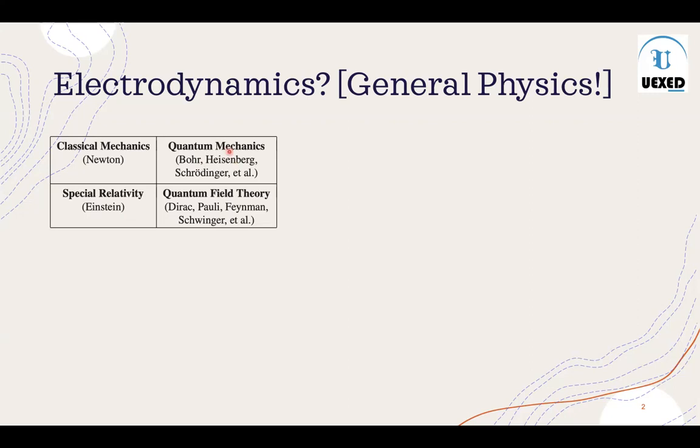Also, there is quantum mechanics, developed by Bohr, Heisenberg, Schrodinger, et al. And there is the 4th block, quantum field theory, developed by Dirac, Pauli, Feynman, Schwinger, et al. So you may think we classify mechanics into 4, but why and how?